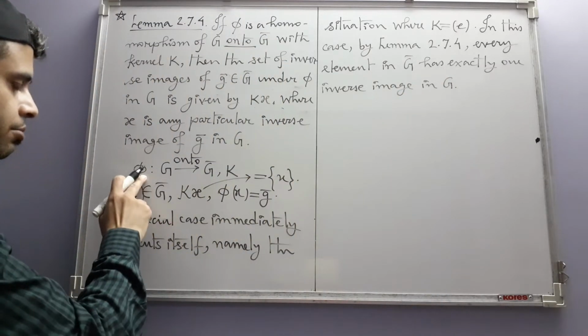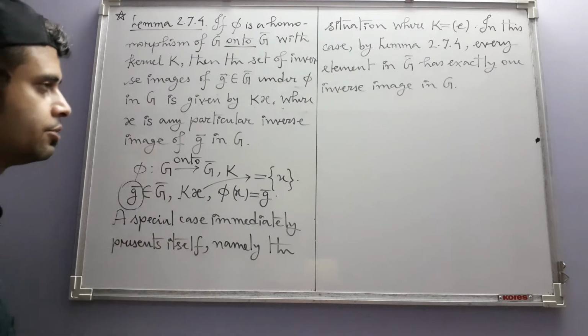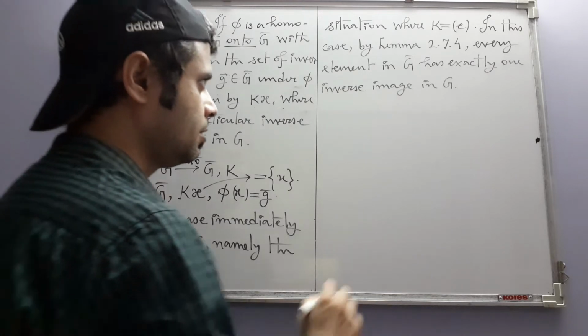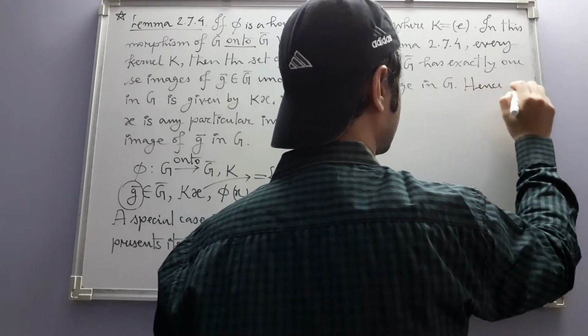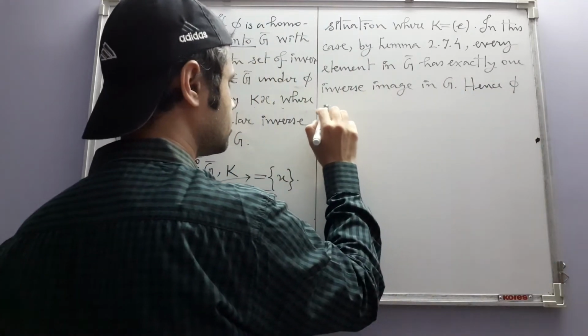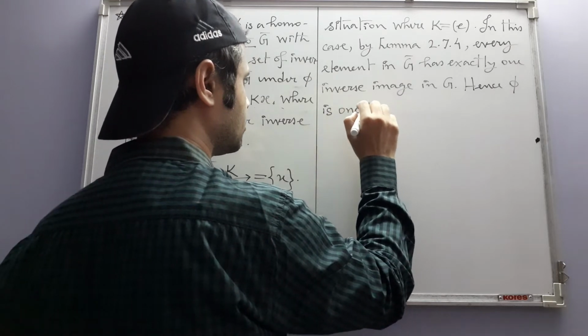That is understood because phi is the only map in the situation. Hence, phi is one-to-one.